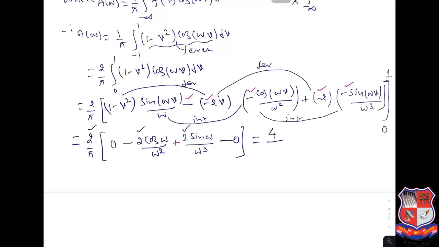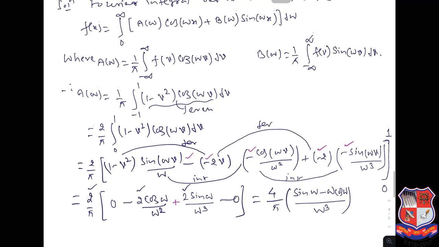So that is 4 over pi, 2 sine omega over omega cube. Even we can take omega cube as LCM. So sine omega minus omega cos omega. So this is the value of A(omega).